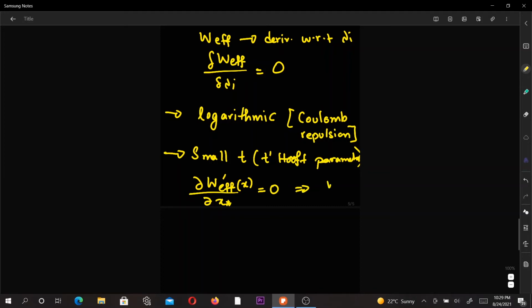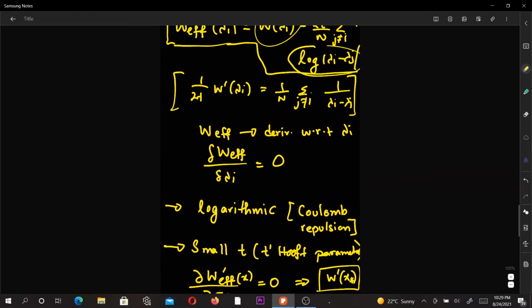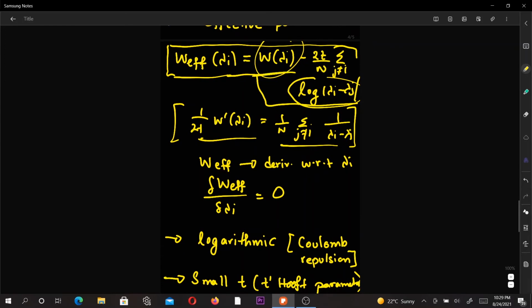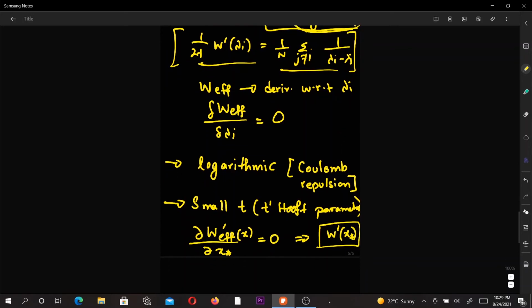At x star, this term dominates over this term, because the 't Hooft parameter is very small. So in a sense the particles tend to go close to the minima of the potential.